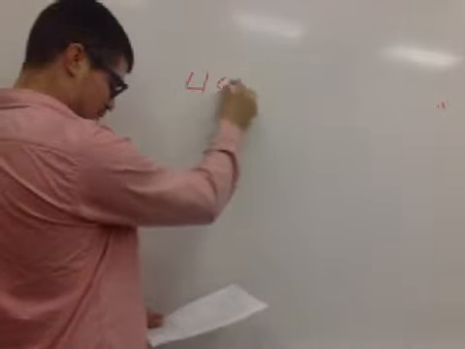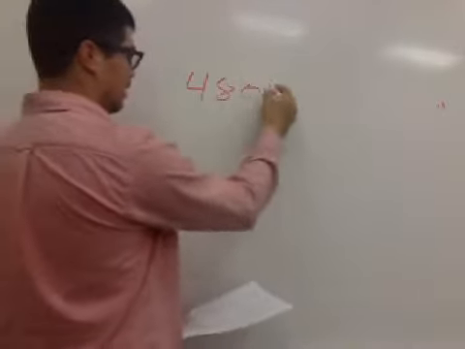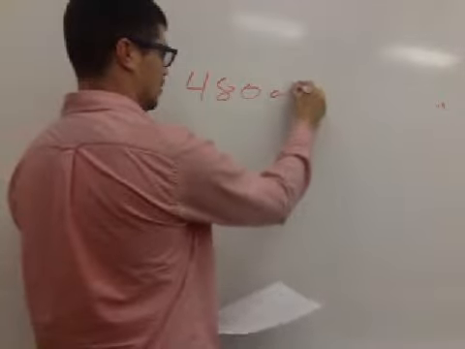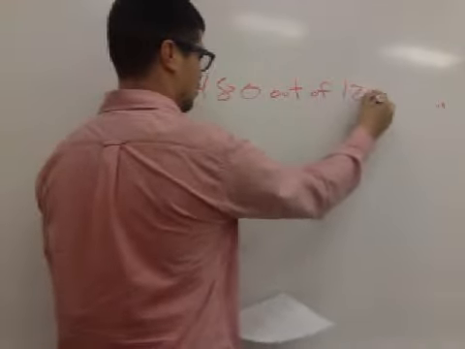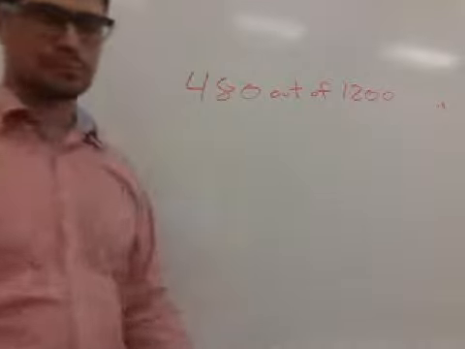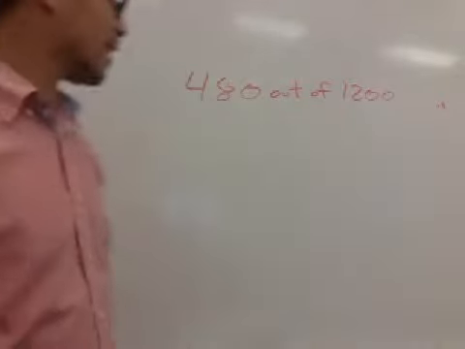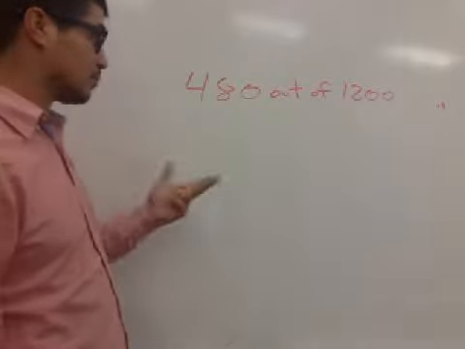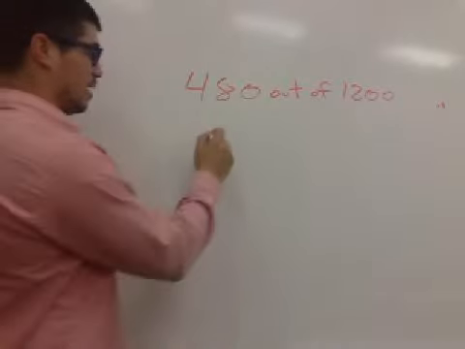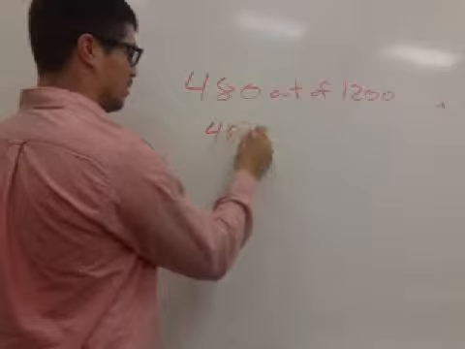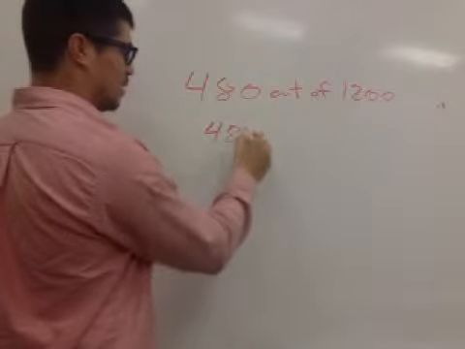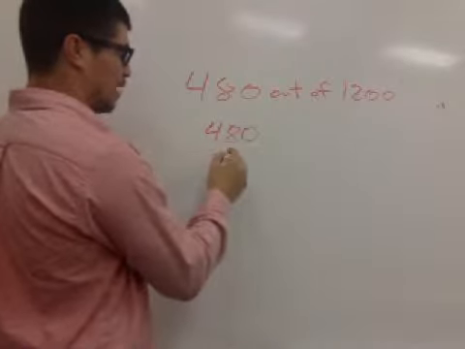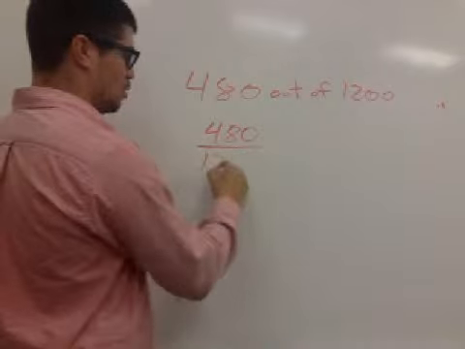What is the percent of 480 out of 1,200? There's a couple ways to do this. The simplest way that we went about it the first time was we went like this. We put 480 over 1,200.